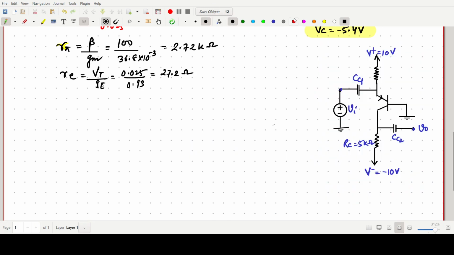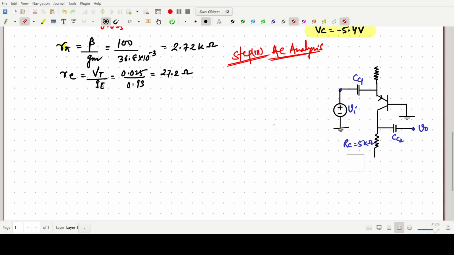Third step, you can say, step three, AC analysis. For the AC analysis, we have to make the supply grounded. These two supplies we have to make ground.